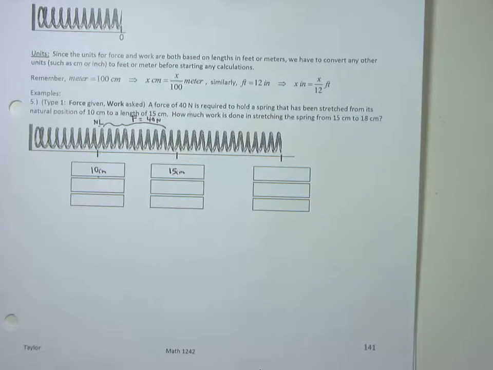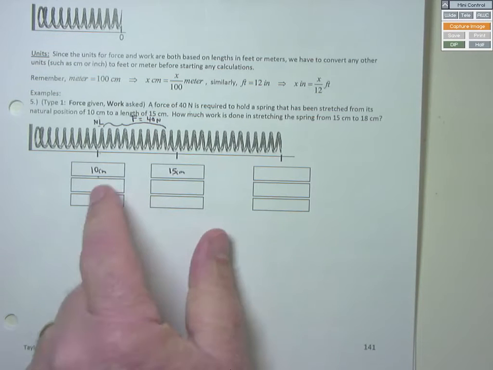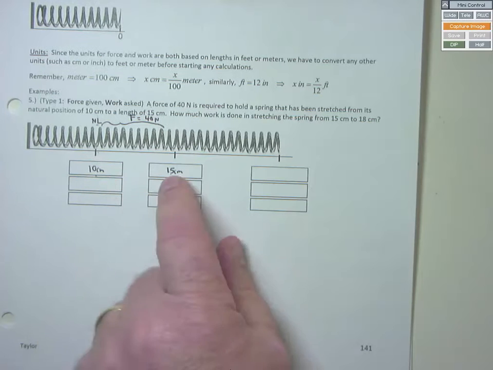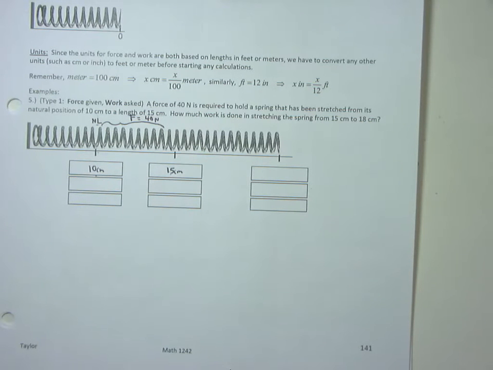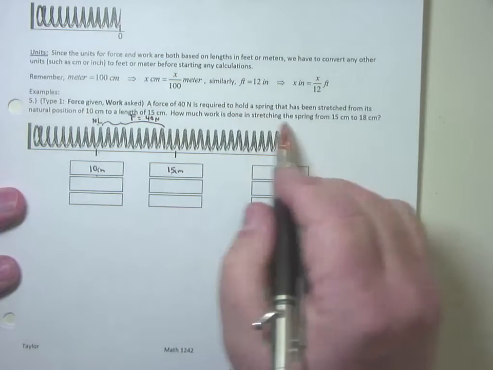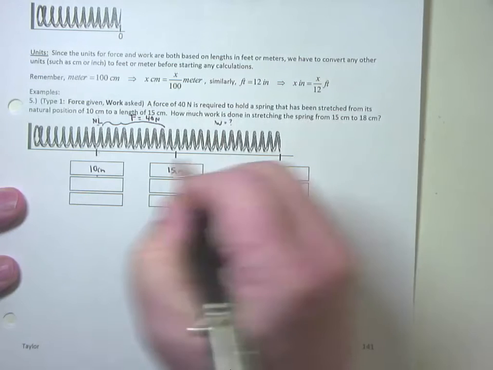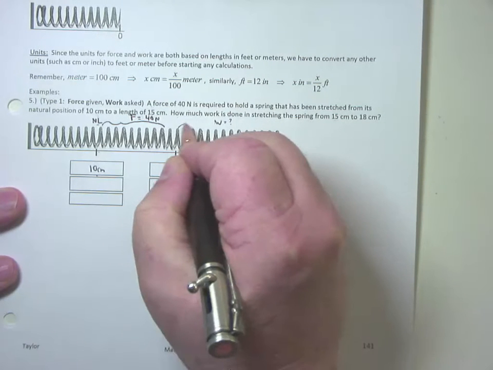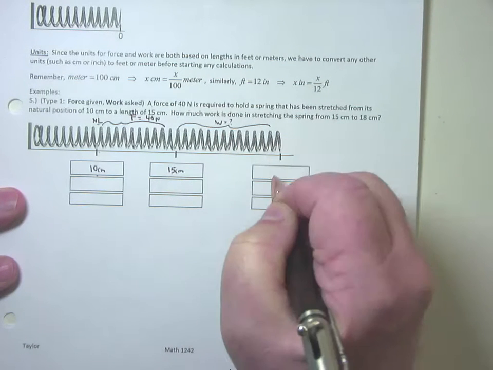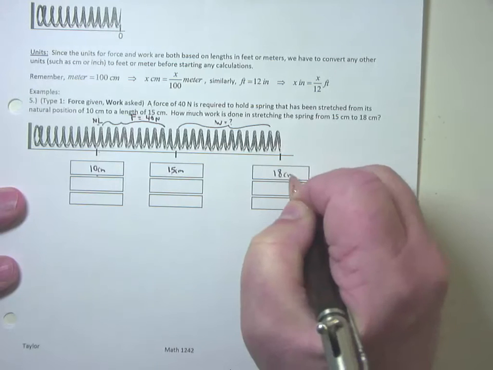So I had to yank this spring and pull on it and stretch it out from 10 centimeters natural length to 15 centimeters. The question, of course, is how much work is done. So we're interested in work. How much work is done in stretching from this point of 15 centimeters to 18 centimeters? Does that make sense?